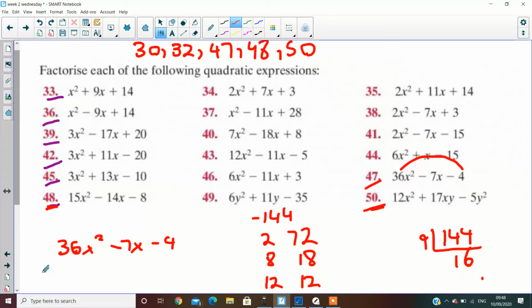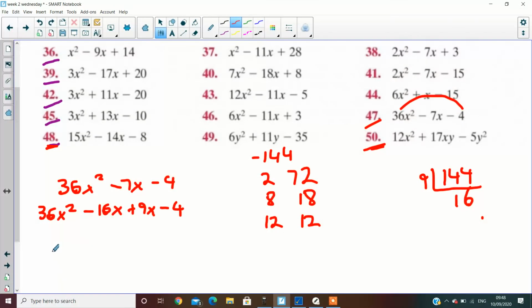So what do I put in here? 36x squared minus 16x plus 9x take away 4. What's the next step? What can I take out of each of these? Into 9x minus 4.